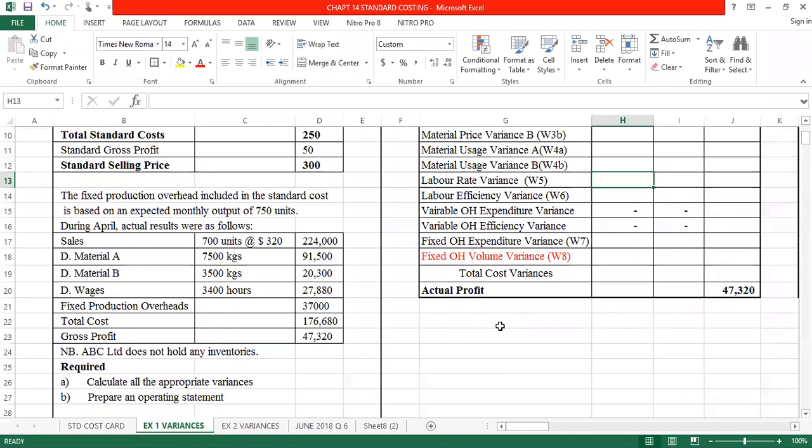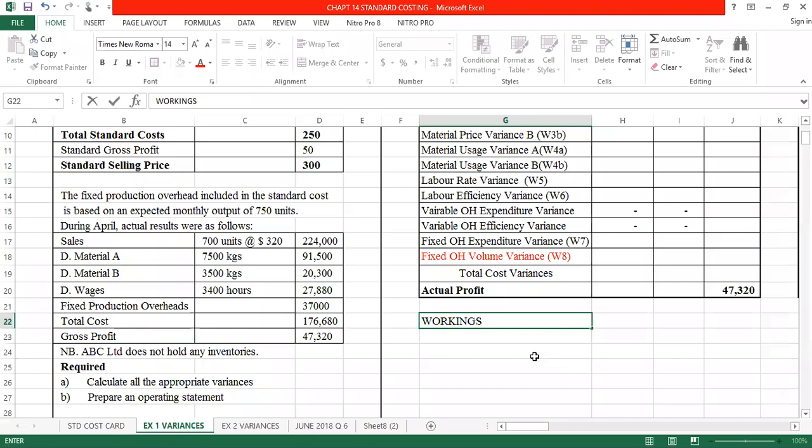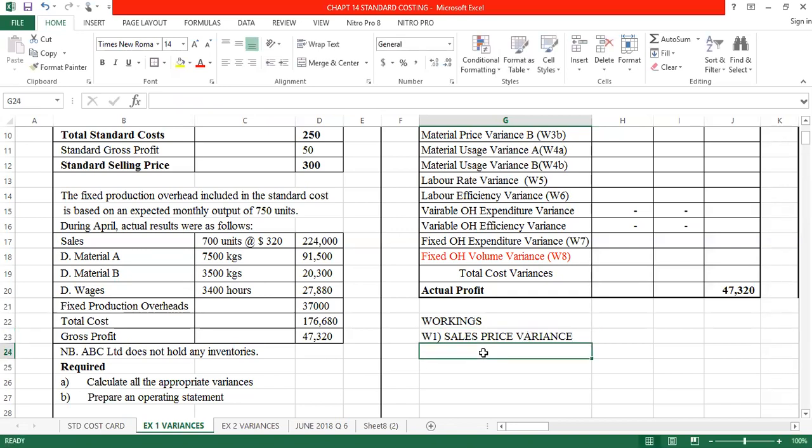Working one is sales price variance. The formula, if you can remember, what did we say?